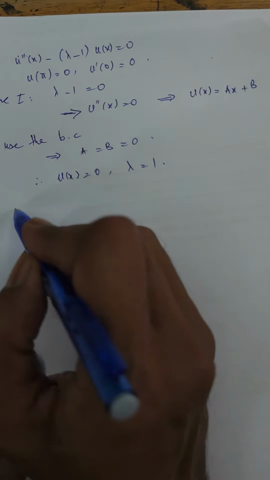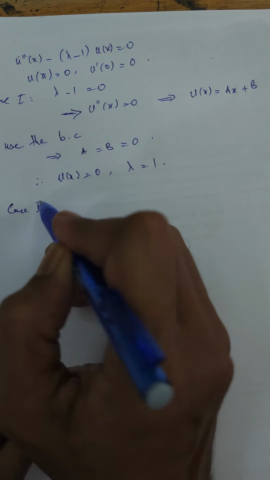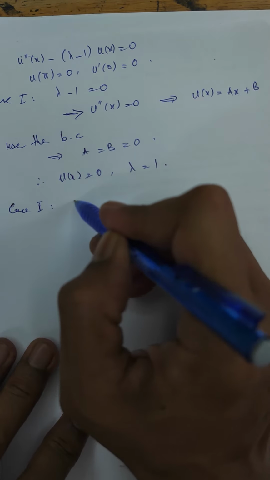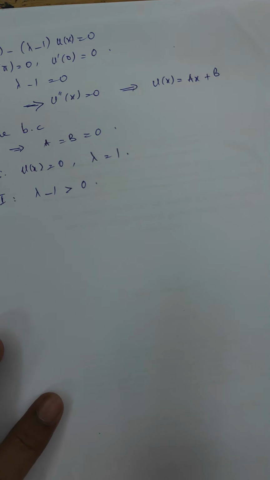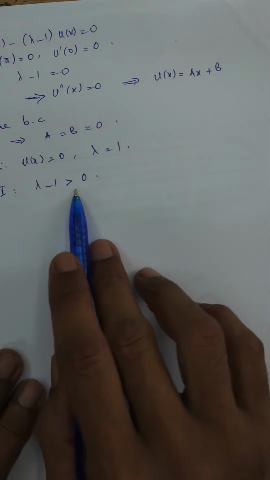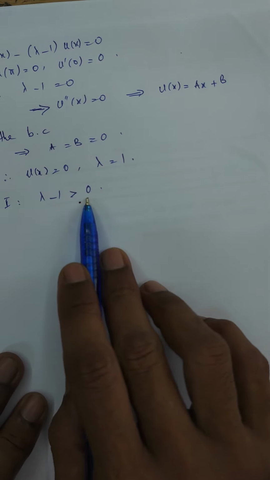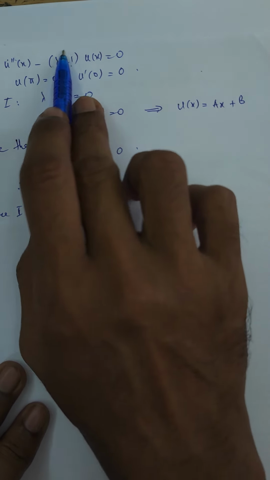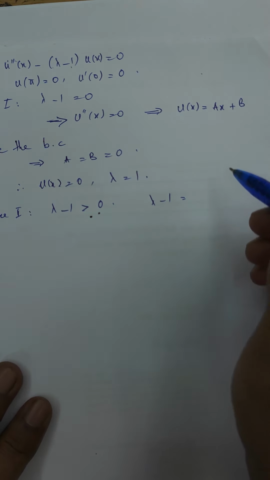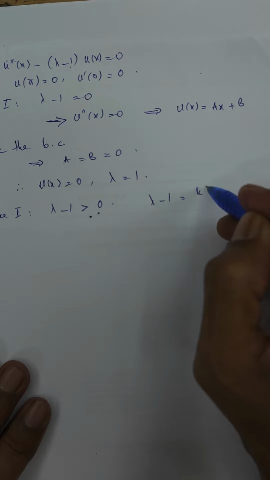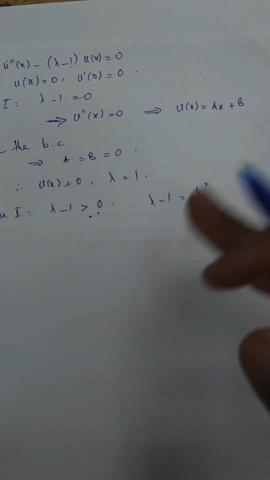Next, we consider case 2 where lambda minus 1 is positive. The easiest way is to put lambda minus 1 as some number k squared, and when k is positive, it's always positive.